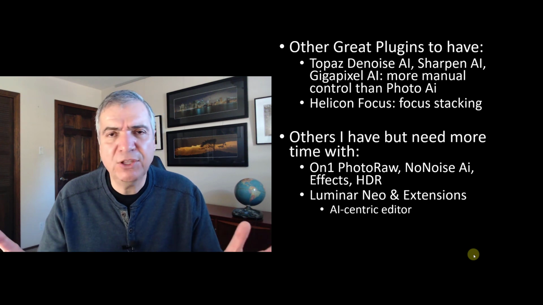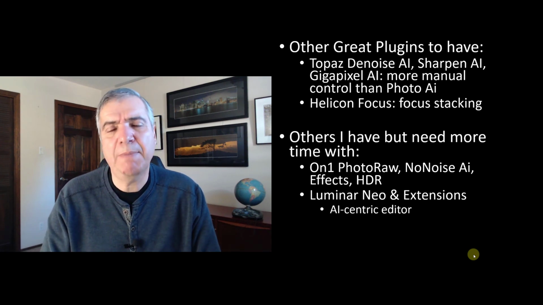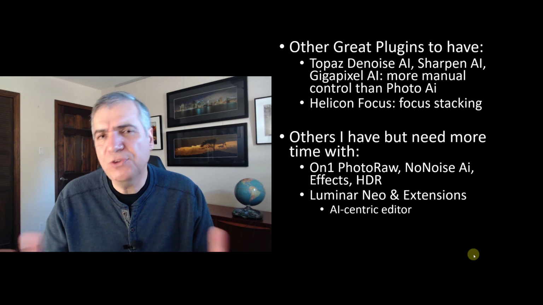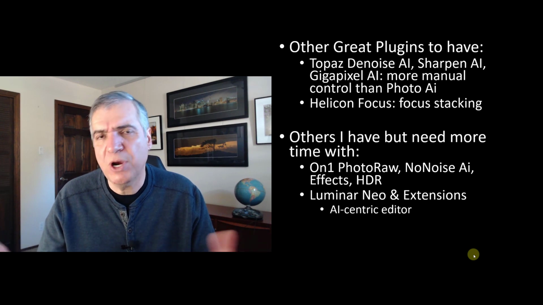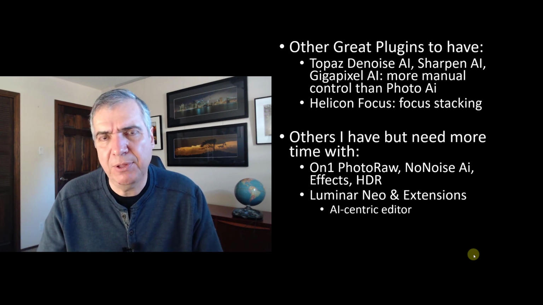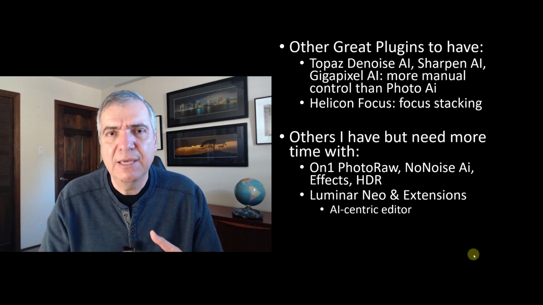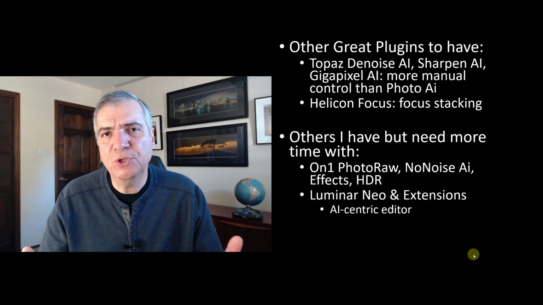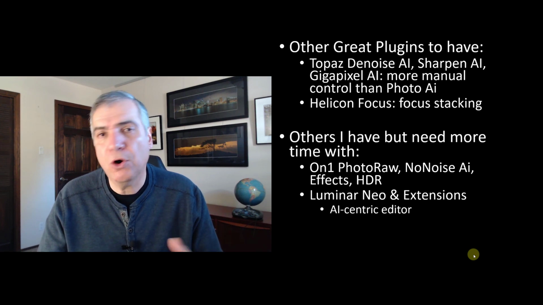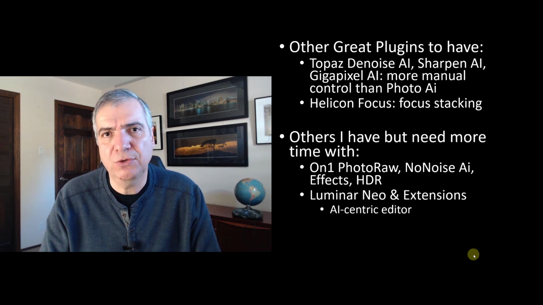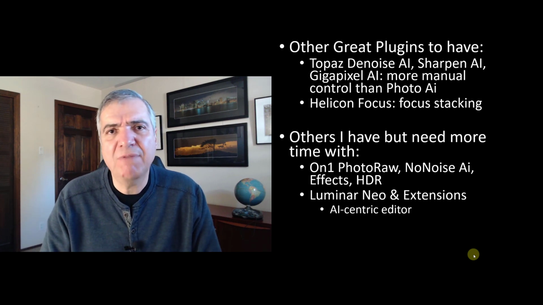It's a full editor, but you can use it as a plugin in Lightroom. And it also has the idea of extensions where you can buy additional capabilities, like for doing sharpening or focus stacking, that Skylum is producing, and you can buy them all or only buy the ones that you want to use. So Luminar Neo is intriguing, and I'll probably be doing a few videos on Luminar Neo in the future.